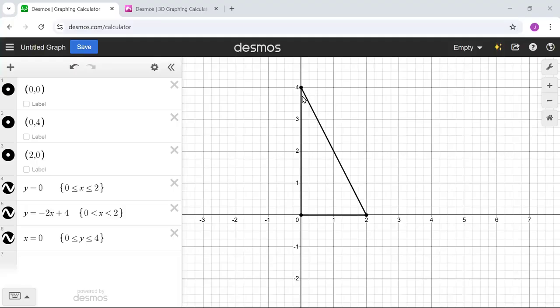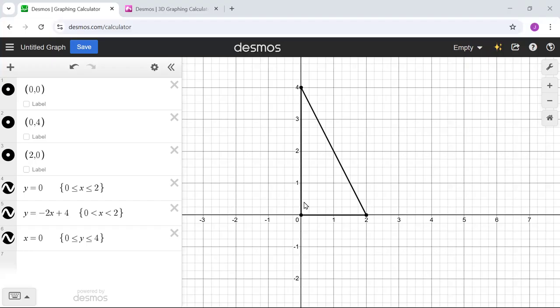Now, the first thing I'm going to do here is find a parameterization of that surface. And before I do that, what I need to do is look at the region in the XY plane that we're over. And we're over this triangle here. So we're going from y equals 0 up to y equals negative 2x plus 4. And the x values are going from 0 to 2.